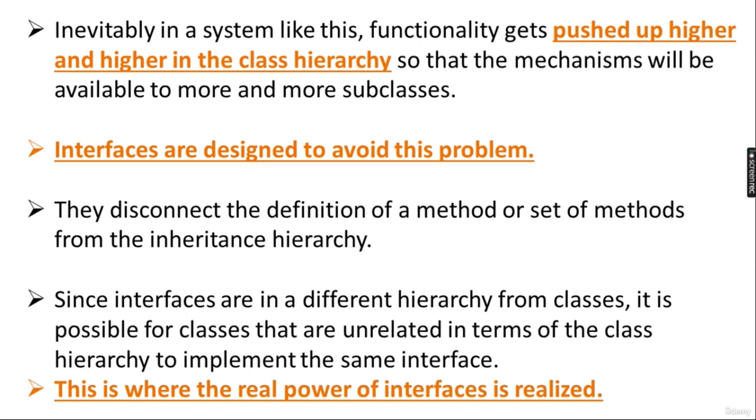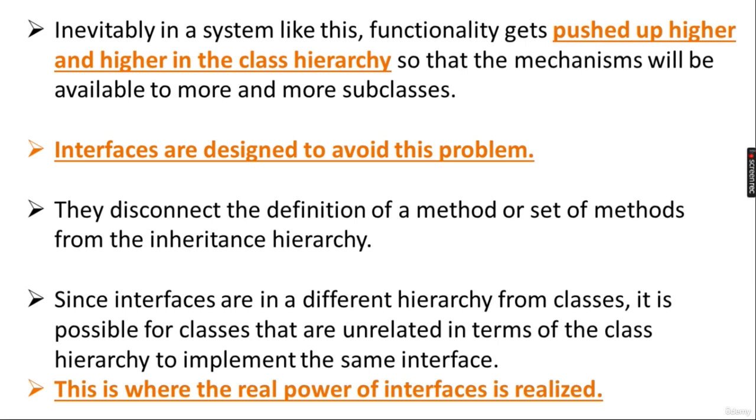But for an interface, you will not write it in a class. You right click on that package and create an interface. So the interface is written separately. It is not present in the class hierarchy, so it is independently written. Whatever class needs to implement that particular interface will write it as class name, implements, interface name.